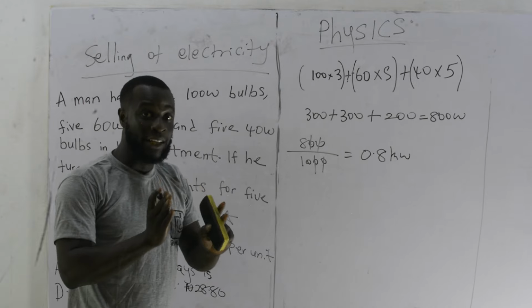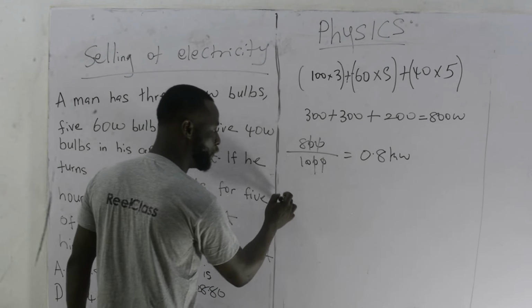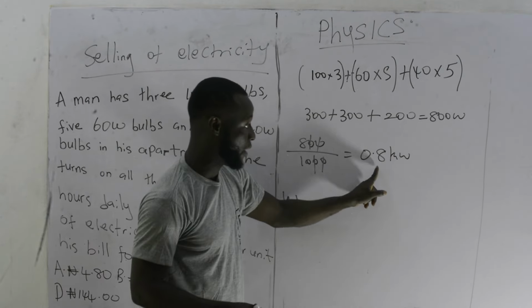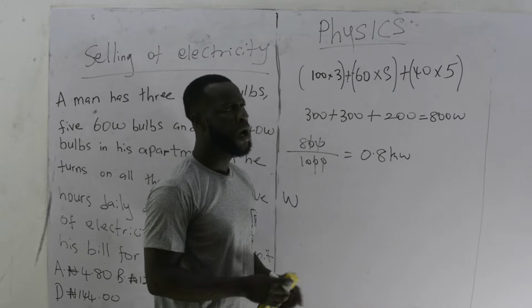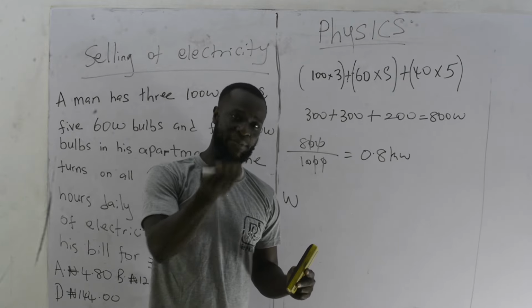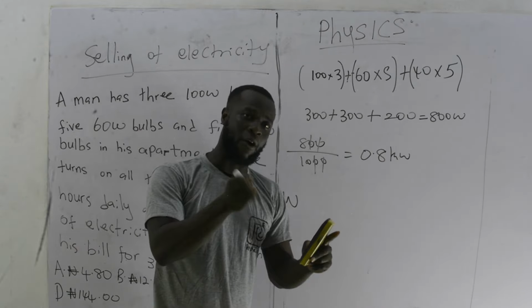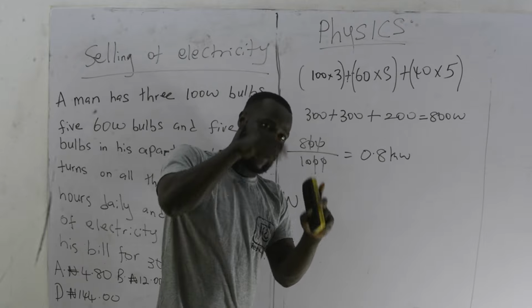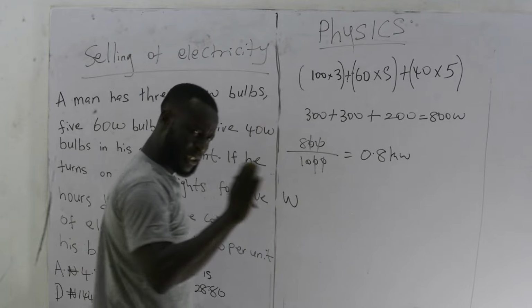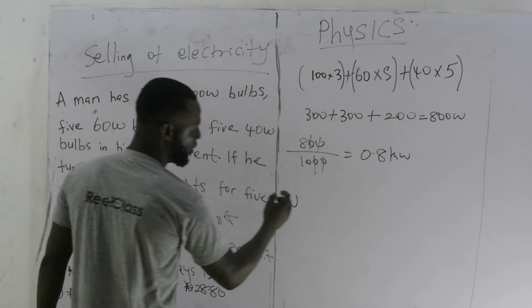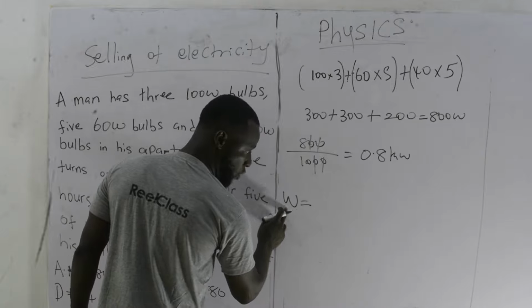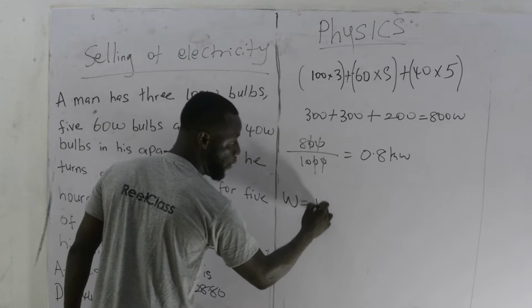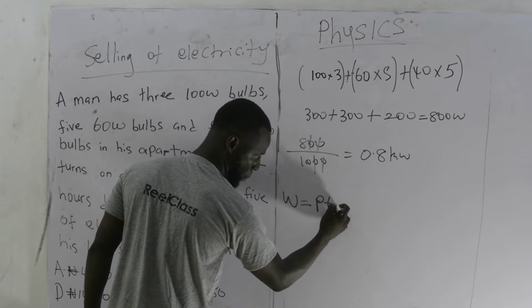So now I want to calculate the total energy. I use W for energy. What we have is power in kilowatts. But energy is power times time, which now gives us our unit in kilowatt hour, because my time has to be in hours. So I know that work or energy is power times time.